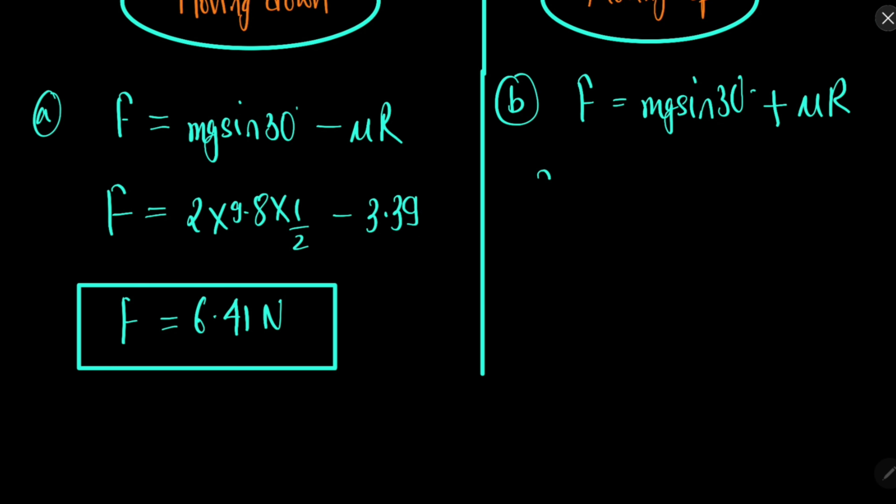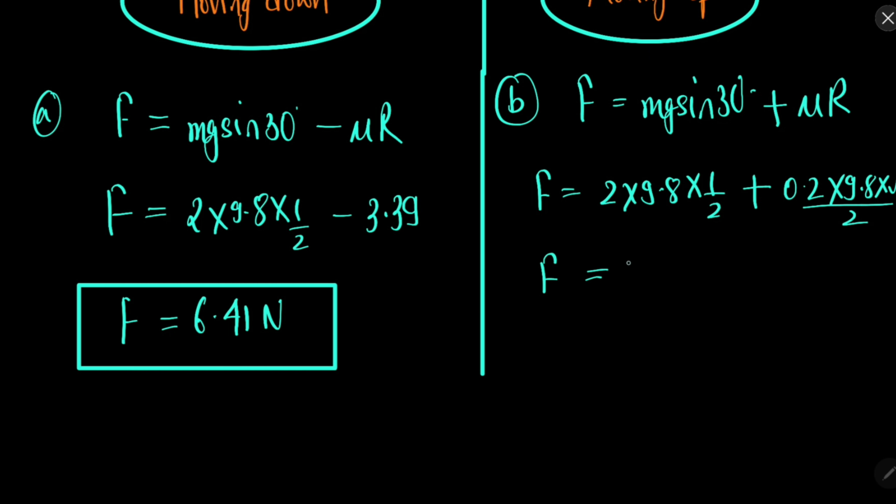So in this case, F comes out to be 2 into 9.8 into 1 by 2 plus 0.2 into 9.8 into 3 by 2.